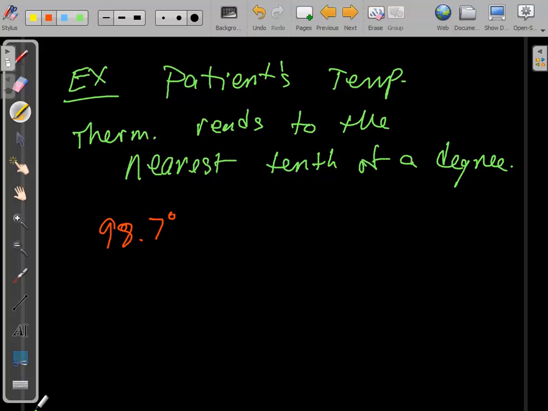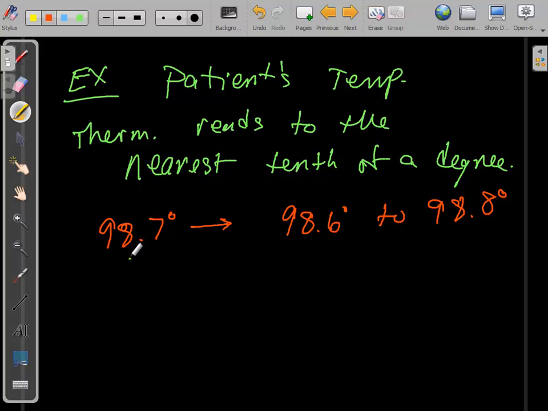that's not their exact temperature. We wouldn't be able to measure their exact temperature, since the refinement for our thermometer is only to the tenth of a degree. So what this is really saying is that that person's temperature is in between 98.6 degrees and 98.8 degrees, somewhere in there. And the reason is we don't know how the thermometer is rounding.